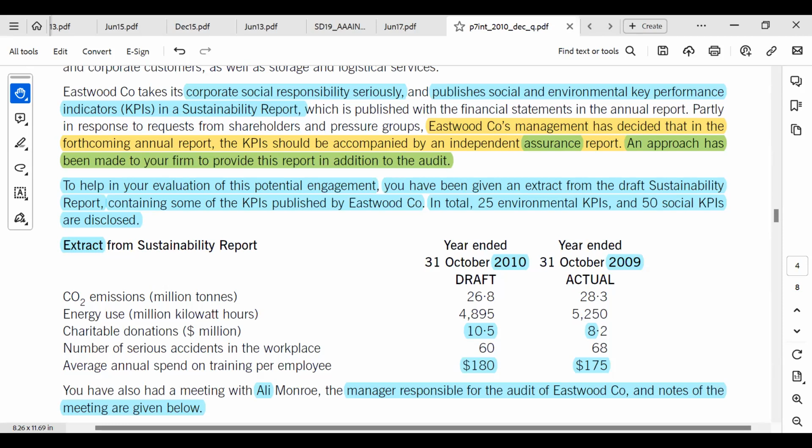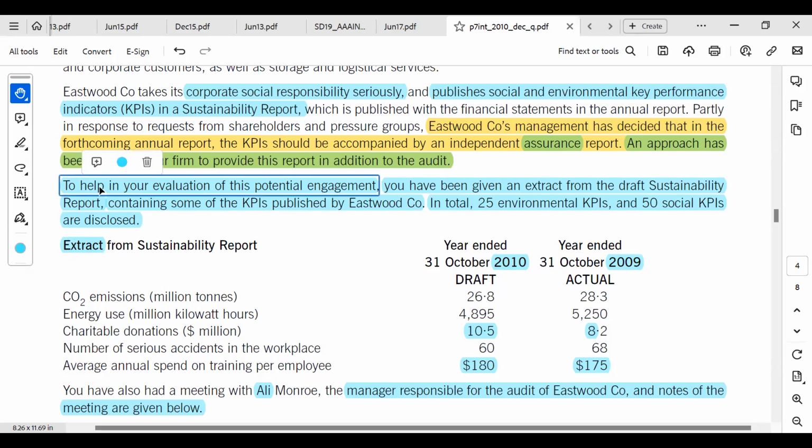Right? Have you read this yellow line? So is the company asking for a separate assurance on the KPIs, a separate assurance on social, environmental, and sustainability information? Because the KPIs are about social and environment. Can you just see this line over here?